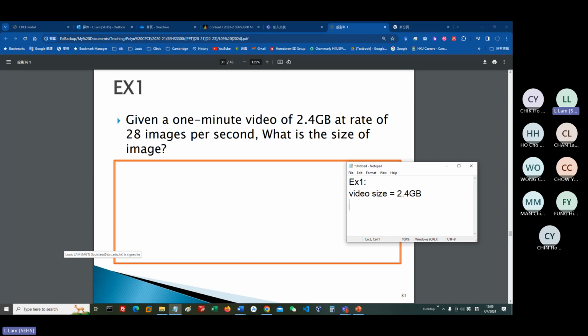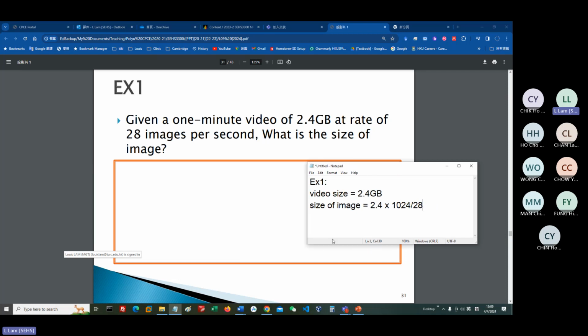And then we need to find the size of the image. And we just simply do 2.4 times 1024, and then divided by 28 images, and then we divide this by 60 seconds. And we can find the answer there.